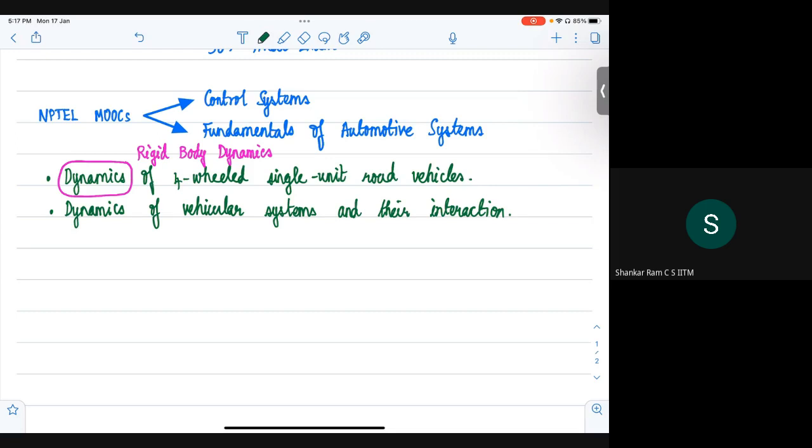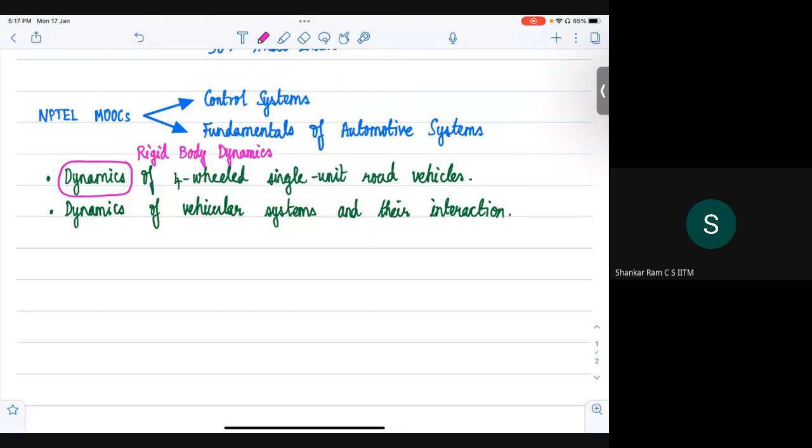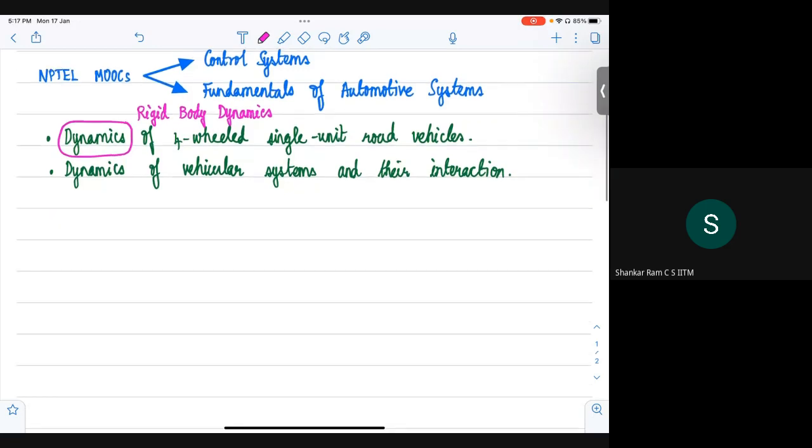And how are we going to do this? What is our broad philosophy? We are going to visualize a vehicle as what I call, quote unquote, a dynamic system. We will be looking at what a dynamic system is shortly.